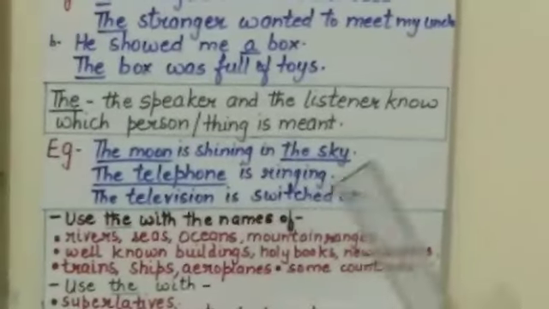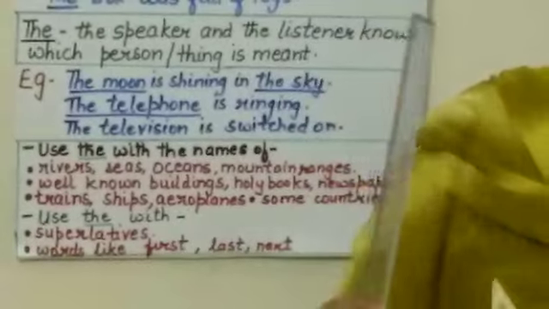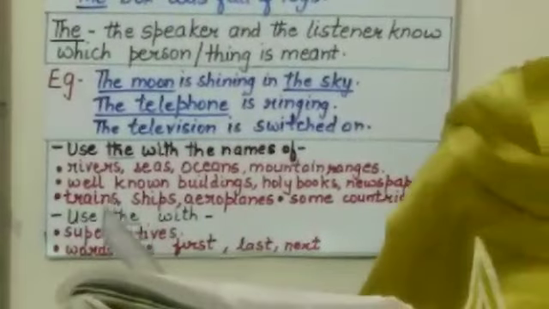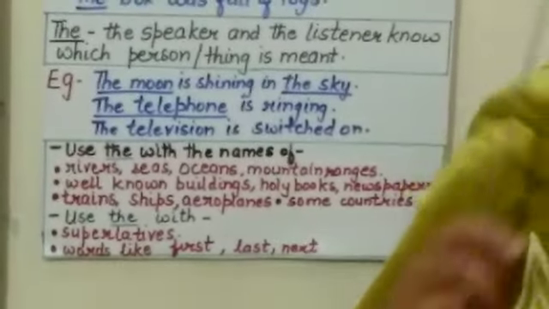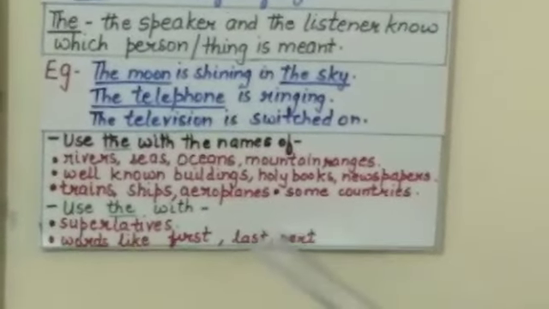Some countries, countries which have a common noun in their names, like United States of America. States is a common noun. The United Kingdom, kingdom is a common noun. United Arab Emirates. So, those which have a common noun in their name are written with the.